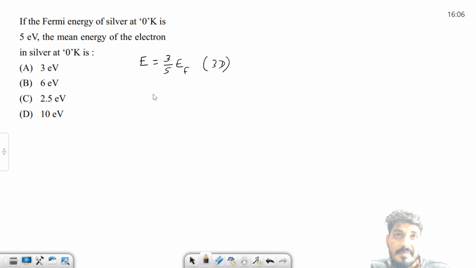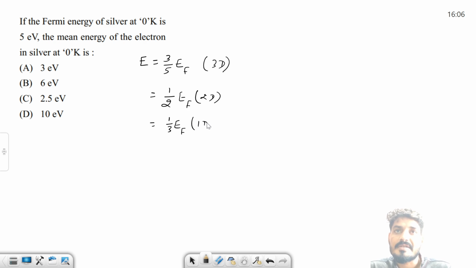So you can directly remember this too. In 2D, this is very simple, 1 by 2 epsilon f, and similarly this is 1 by 3 EF in 1D.